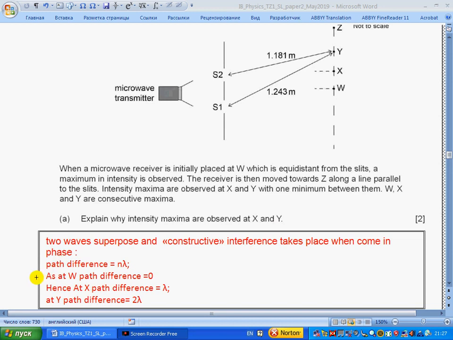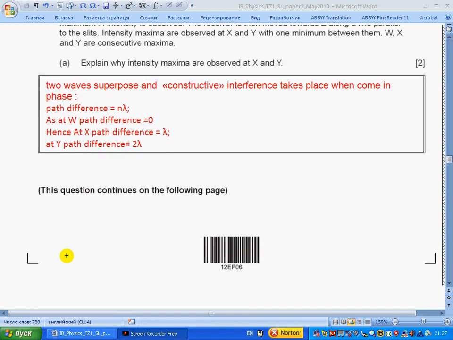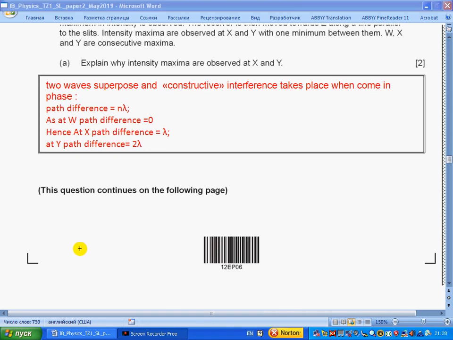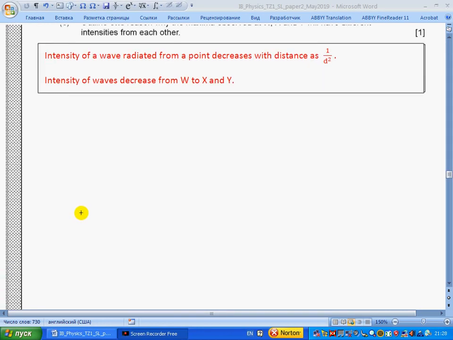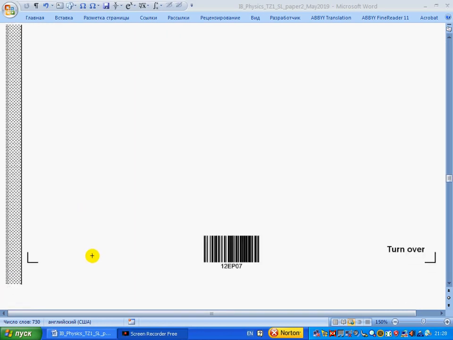As at W, path difference equals 0, hence at X, path difference equals lambda, so n equals 1, and at Y, path difference equals 2 lambda. Next question.